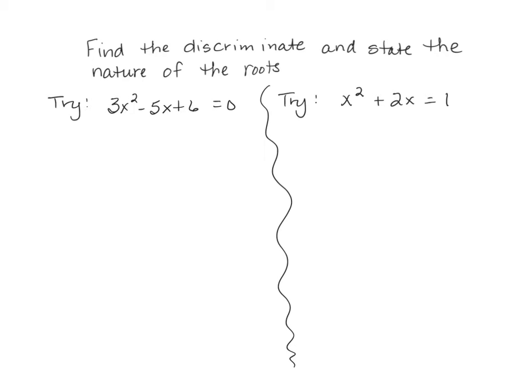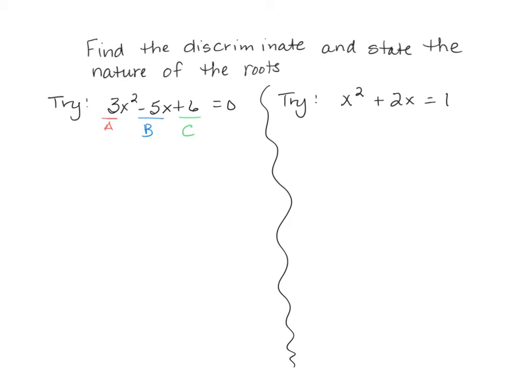Okay, so for this one, again, let's label. That's my a, that's my b, that's my c. I did check real quick, everybody is on one side, so I can just move forward. I want you to notice in the directions it says find the discriminant. That means I want you to state the number and state the nature of the roots.